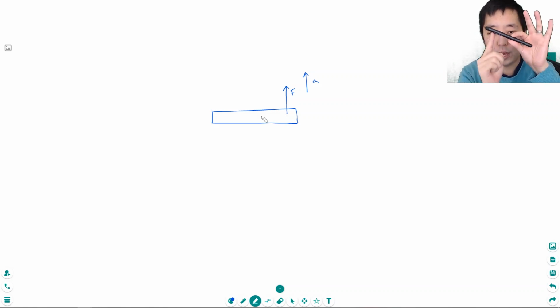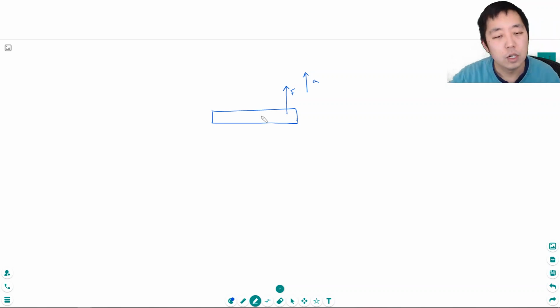So if I push this way, not only does it move upward linearly in a translational kind of movement, but it will also rotate too. Okay, and so as part of rotational motion, we want to understand that. How is it rotating? What's the speed that it rotates at, and everything like that. Okay, so we introduce a new type of quantity called the torque.